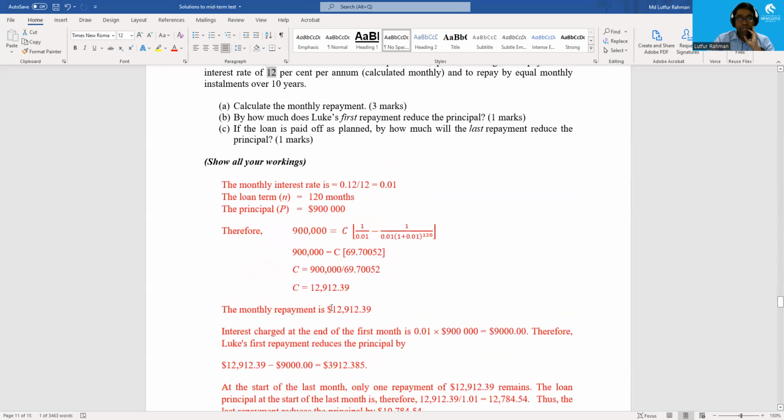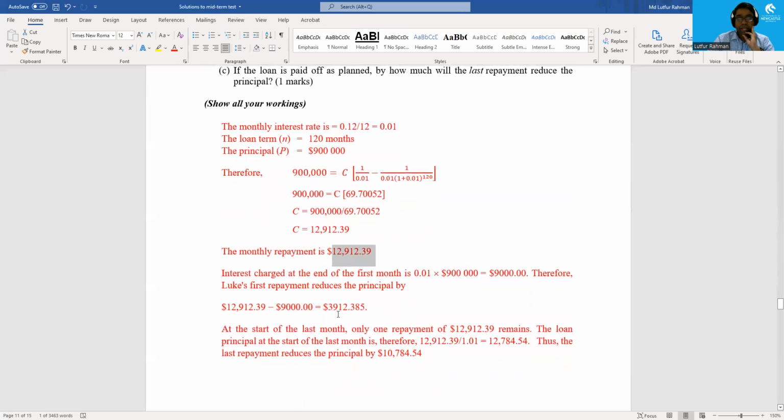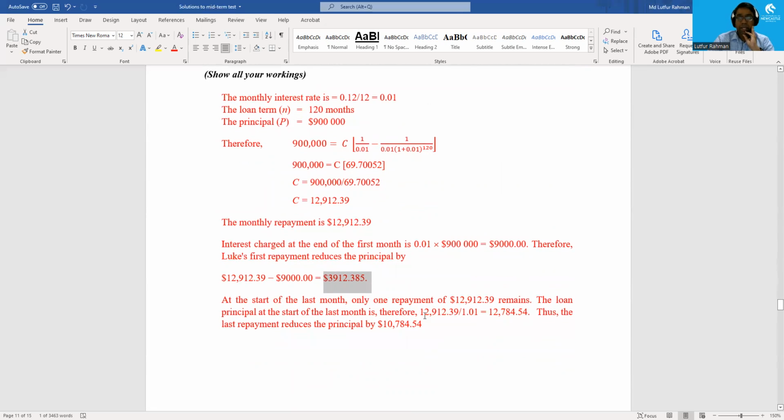So if you want to have a look at the answers, the monthly installment will be 12,912, the principal payment with the first installment will be 3,912, and the principal payment with the last installment will be 12,784.